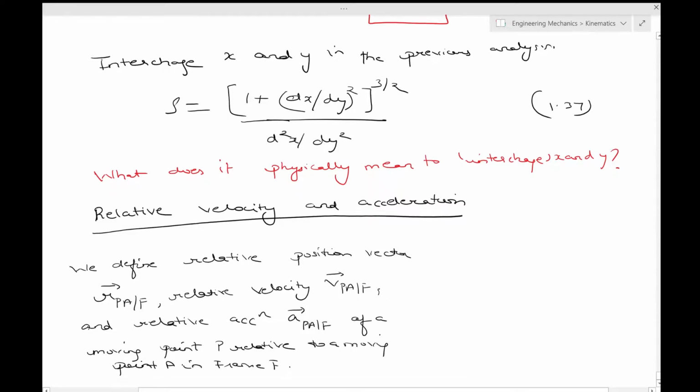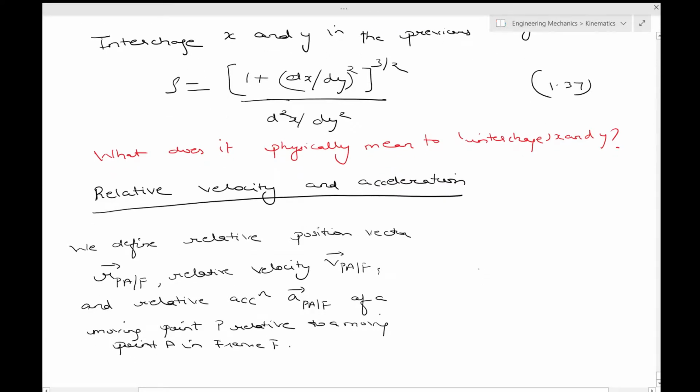Let me first draw a diagram. This is a frame F. This is the point P. This is the point A. This is RP. This is RA. And this is RPA.